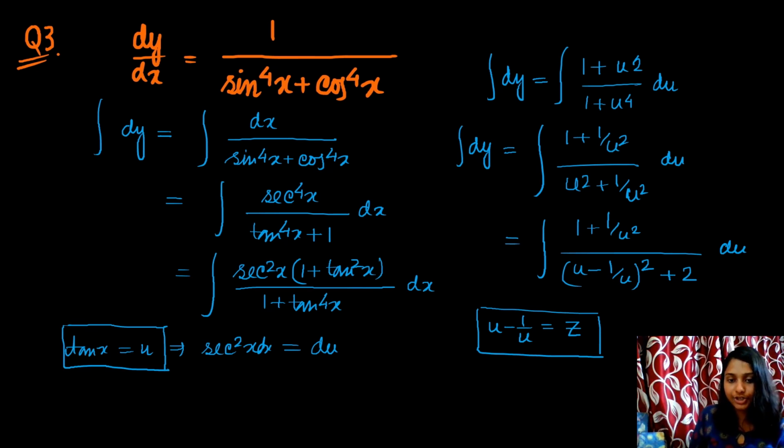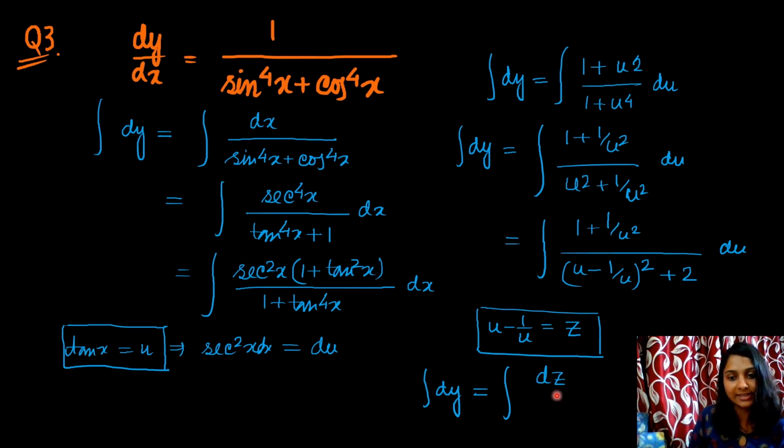So this integration will take this form: y equals the integral of dz. I'm writing dz because the derivative of u is 1, and the derivative of minus 1 by u is plus 1 by u square. Therefore, 1 plus 1 by u square into du will give the dz.